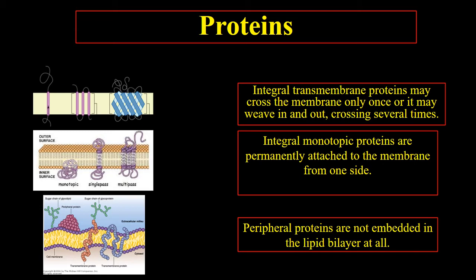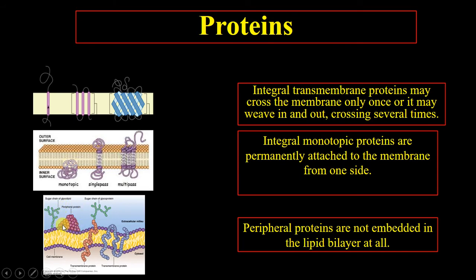Integral transmembrane proteins may cross the membrane only once, or they may weave in and out, crossing several times. Integral monotopic proteins are permanently attached to the membrane from one side.